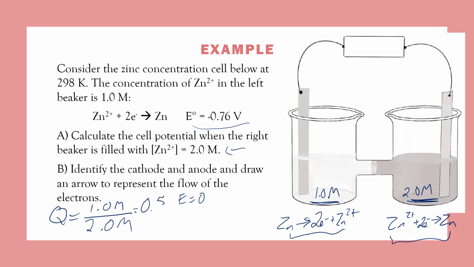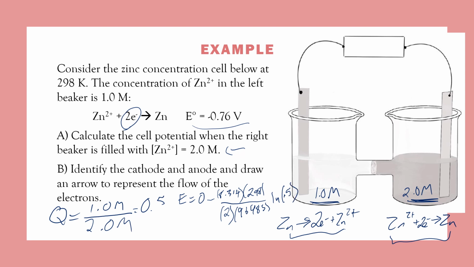So concentration cells will always have a standard cell potential of 0. And then you do RT, so 8.314 times our temperature in Kelvin, which is 298, over nF. n is the number of moles of electrons involved, and F is Faraday's constant, 96,485, times ln of Q, or ln of 0.5, which we calculated. Sorry, I had to cram that in there.